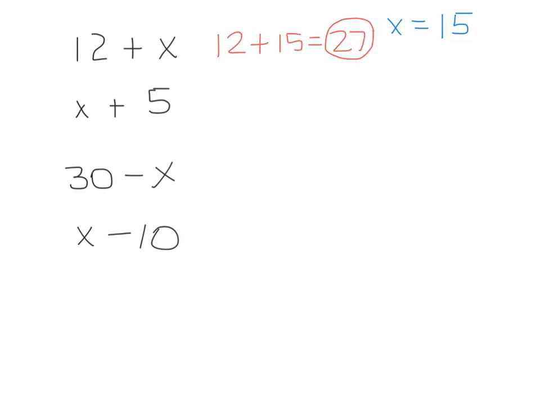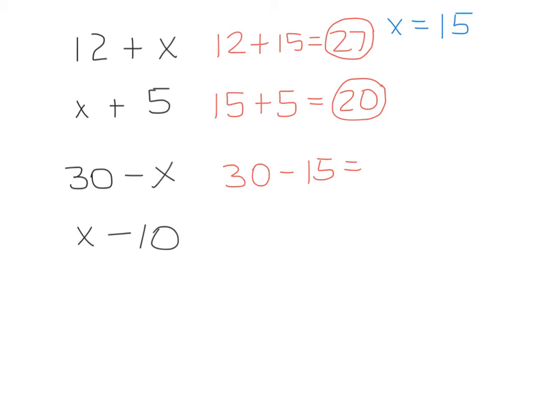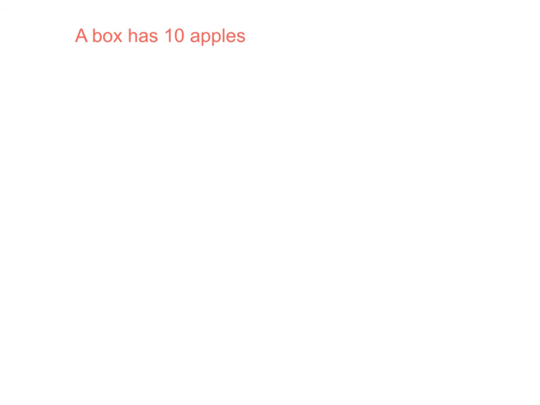On the second one, we'd replace the x with 15, add 5, and the evaluated answer is 20. On the next one, we have 30 minus 15, so that one's value is 15. And on the last one, we would take 15 minus 10, and that one evaluated would give us a value of 5.